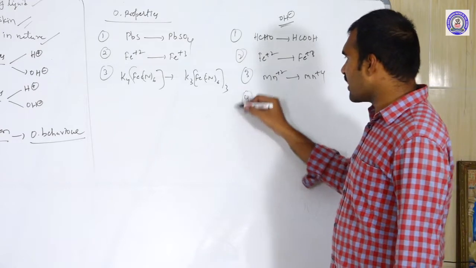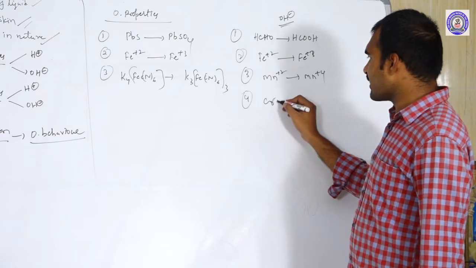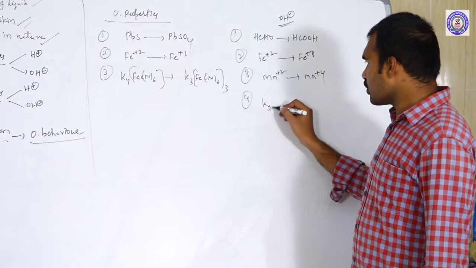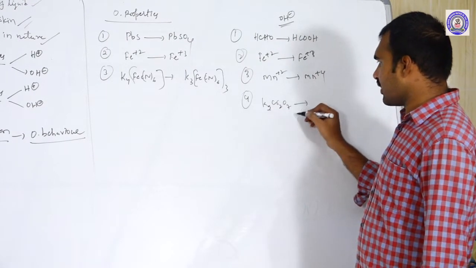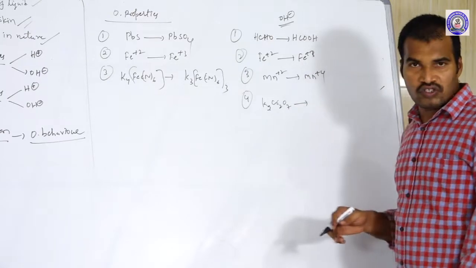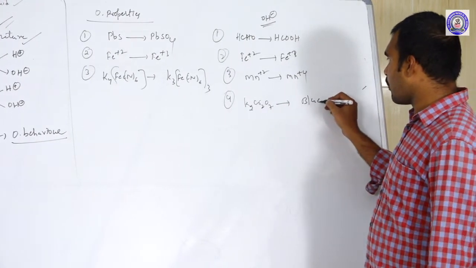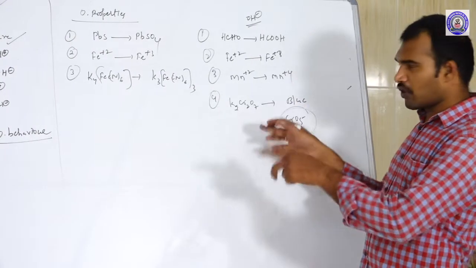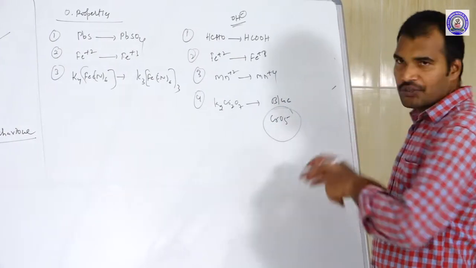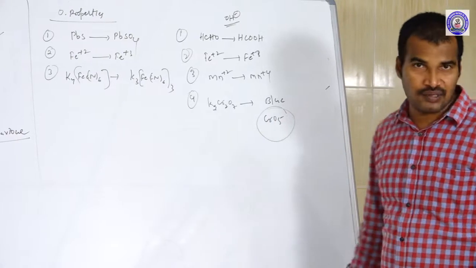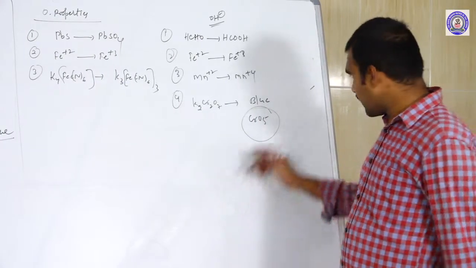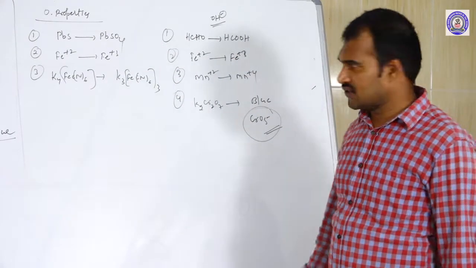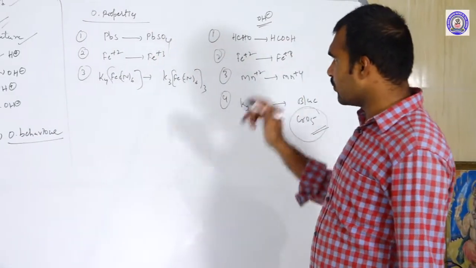Okay, and it oxidizes CrO3 or K2Cr2O7 in presence of acidic media into a blue colored compound, chromium pentoxide. As we know, chromium pentoxide has a butterfly structure. So these are some oxidizing properties.